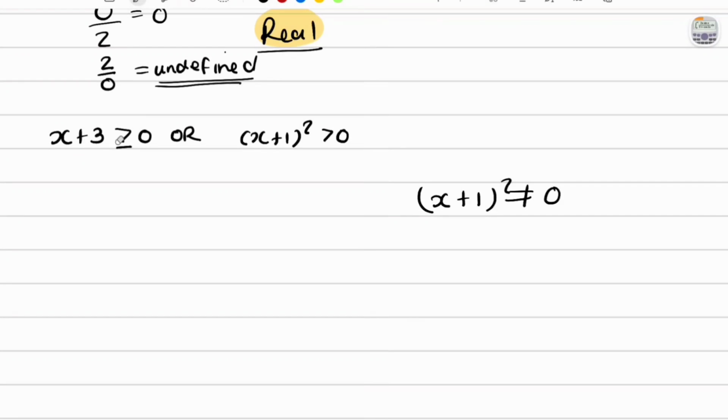This inequality is quite simple to solve because it is just a linear inequality. So we can go ahead and take the 3 over. So we have x is greater than or equal to negative 3 when it comes over. Or, we can also come to this one. If you have a square there, you can get rid of the square by square rooting both sides.